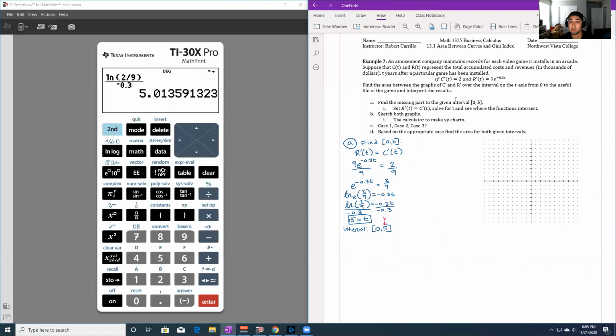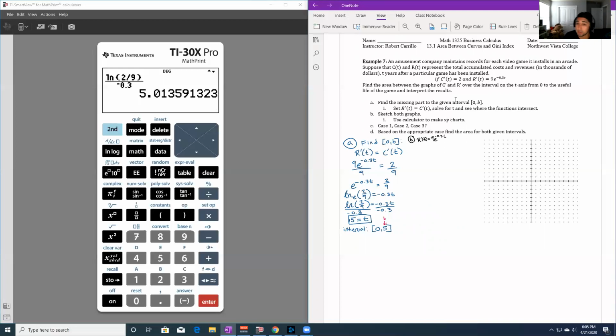All right, so step B, sketch the graphs. We are sketching, which means we need to graph r prime of t and c prime of t. So my first graph is for r prime of t, and that is given as 9e to the negative 0.3t.